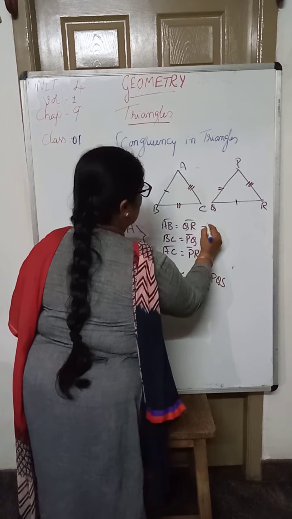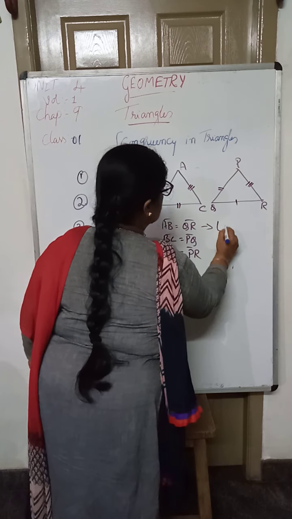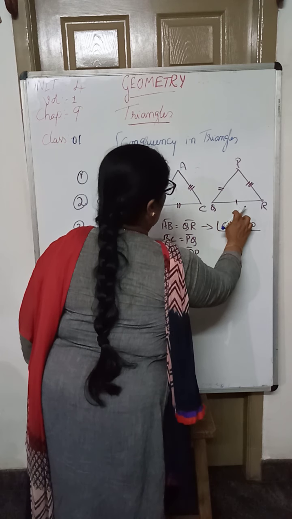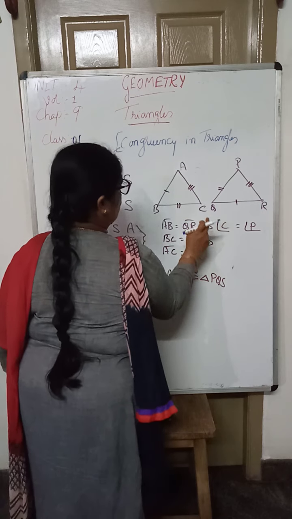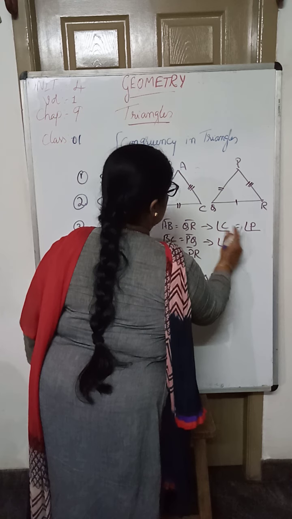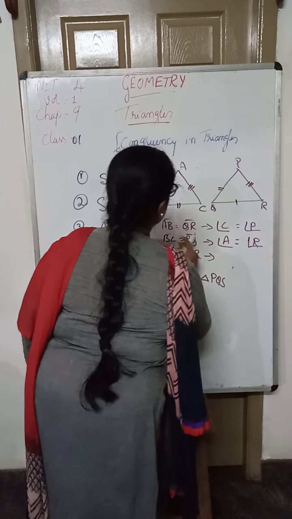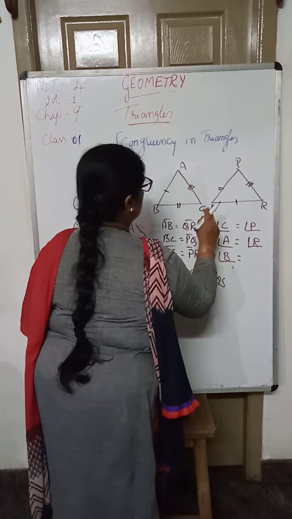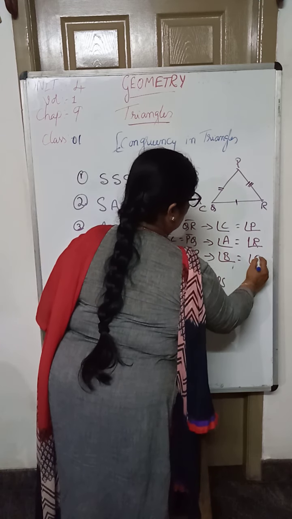Triangle ABC is congruent to triangle PQR. Now children, observe. Here AB is equal to QR, and opposite to AB is angle C, which is equal to angle P, opposite to QR. In the same way BC is equal to PQ, opposite to BC is angle A, equal to angle R opposite to PQ. And opposite to AC is angle B, equal to angle Q opposite to PR.